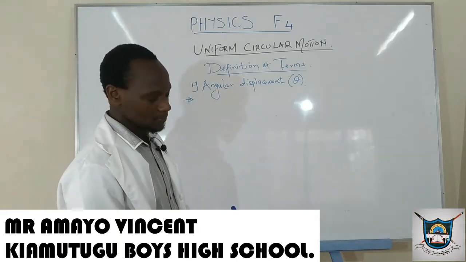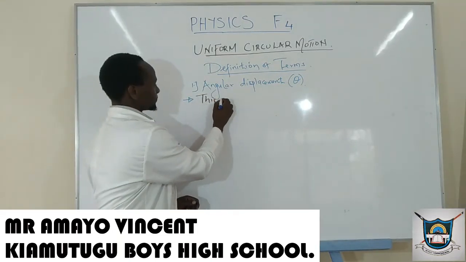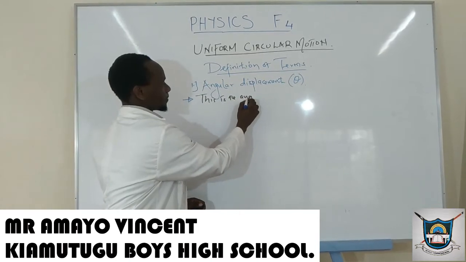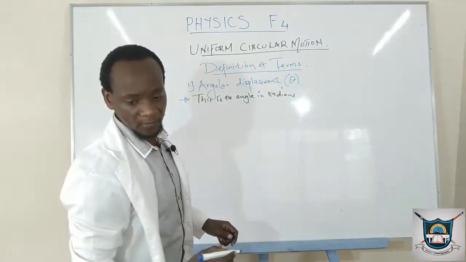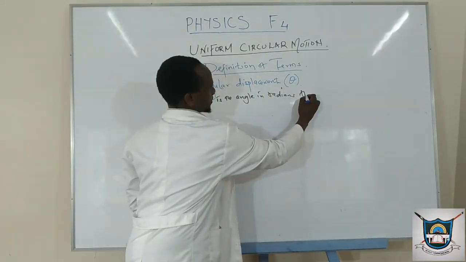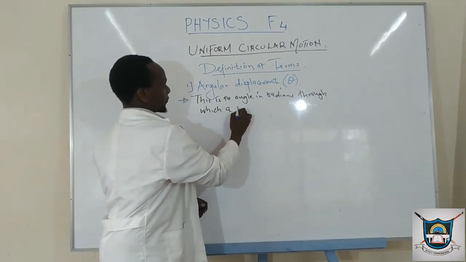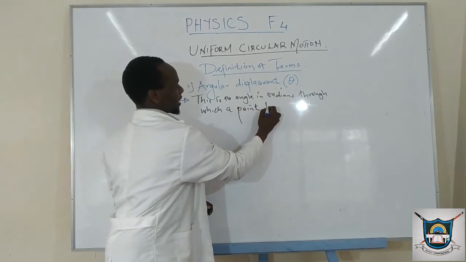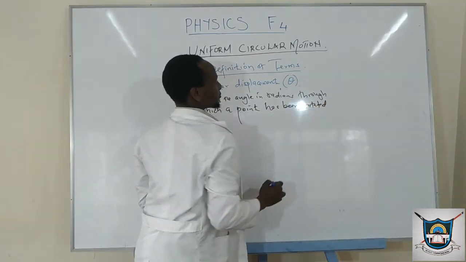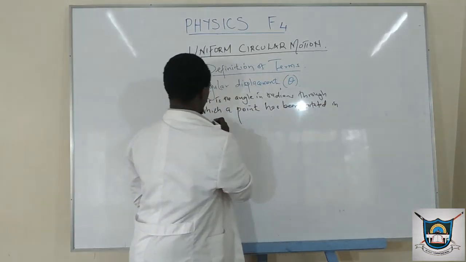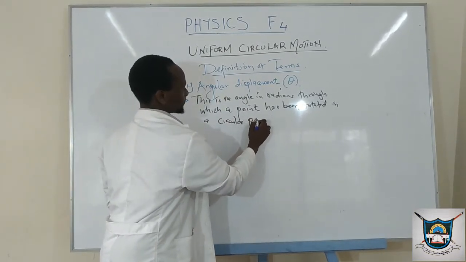The definition for this one is the angle, in radians, through which a point has been rotated in a circular path.